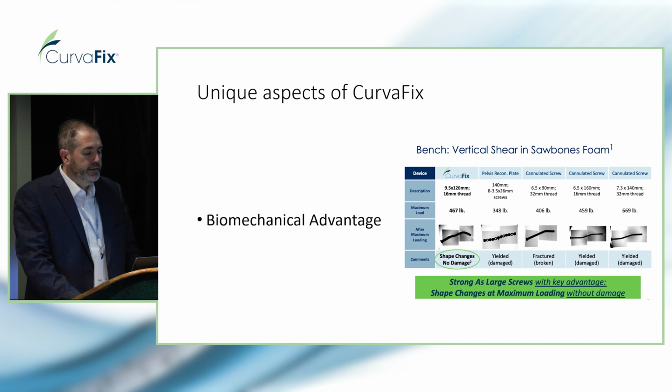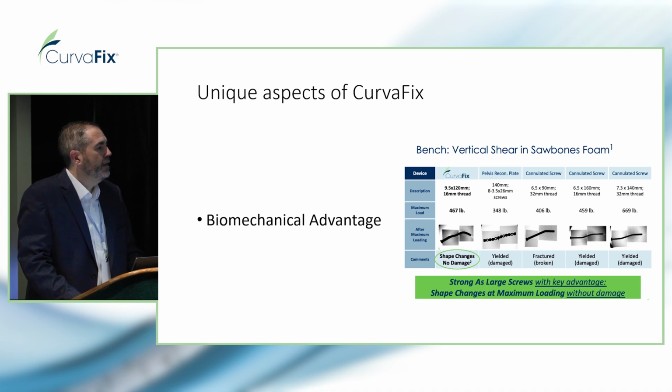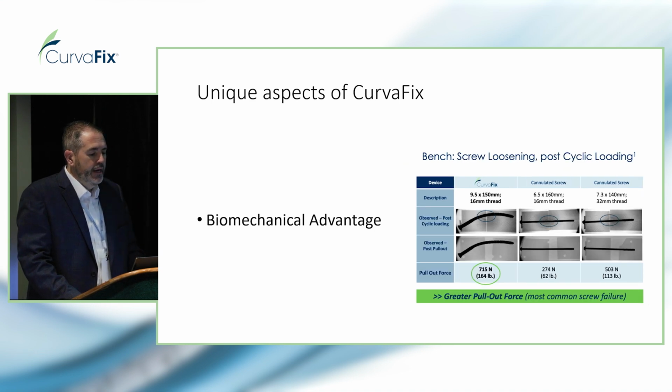So it showed that it's as strong as the larger screws, but much less deformation or change in shape with loading to failure. And then this surprised me: the pull-out strength. I would think with fewer threads it has less pull-out strength, but it actually had more than even the larger cannulated screws, the 7-3 screws, for cyclical loading.